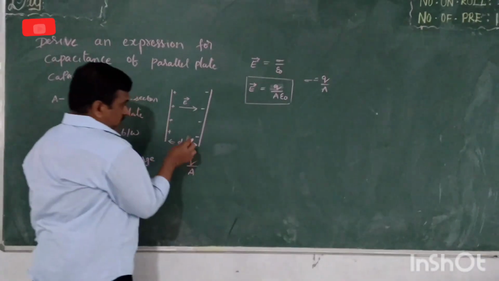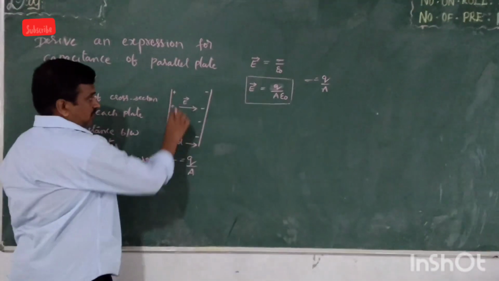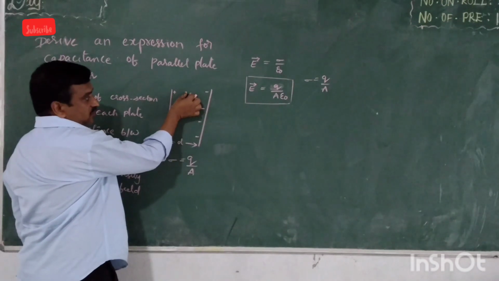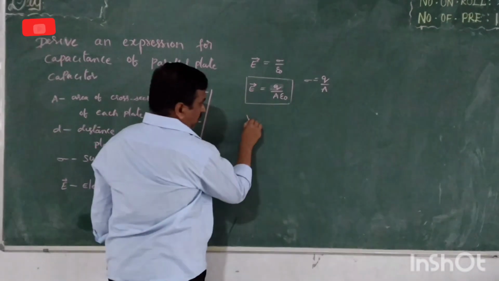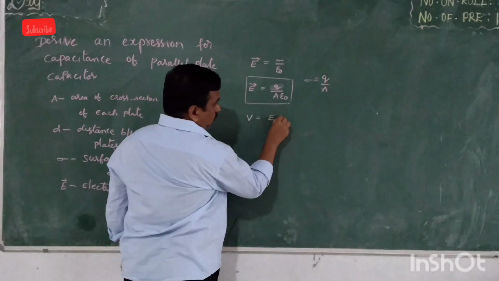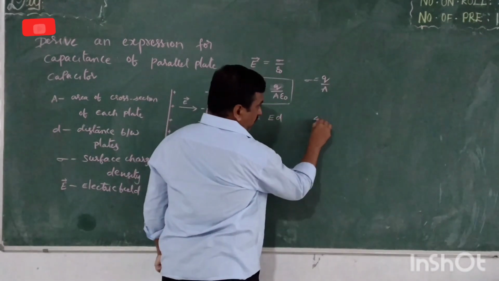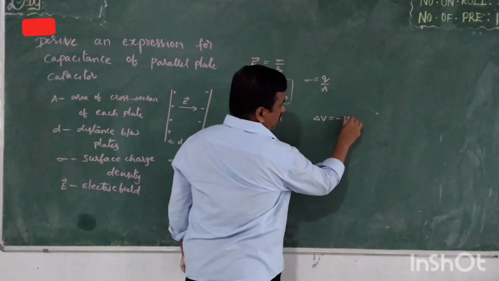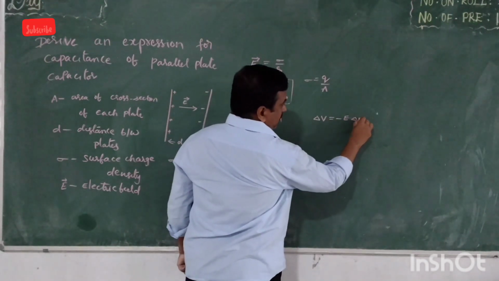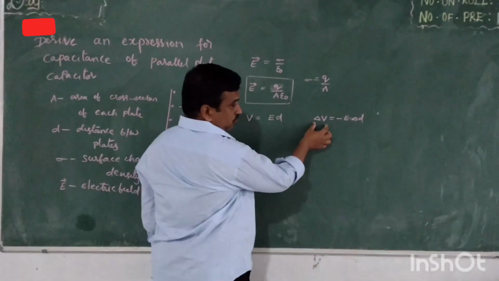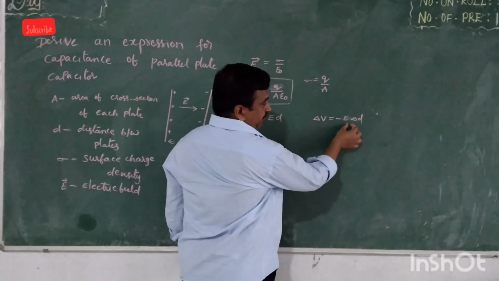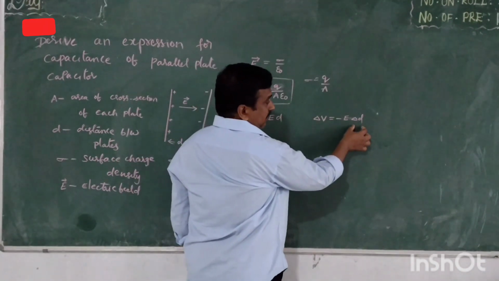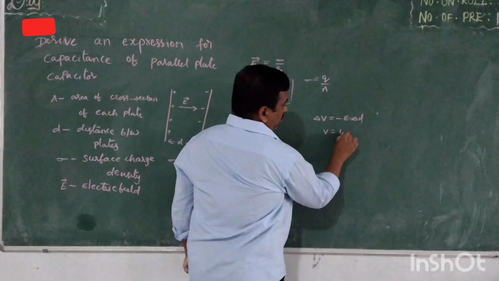Now see, what is the potential difference between these plates? Higher potential, lower potential, what is the difference? Potential difference between the plates, V equal to E into D. The relation between electric field and electric potential is delta V equal to minus E delta D. Here delta V is change in potential, E is electric field, delta D is distance.